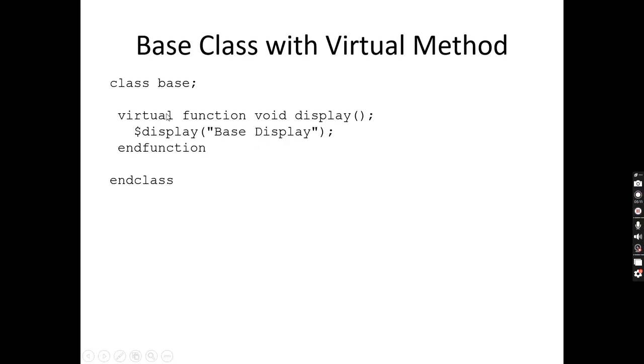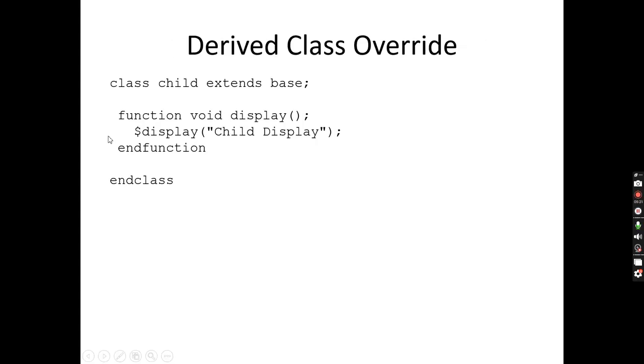You have to use virtual before that. This is the first thing to note while following polymorphism. The second thing is the child class, which is extended from the base class. In this, there is no need to use the virtual keyword; only the base class should have the virtual keyword before the method.